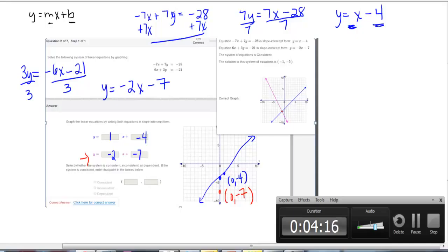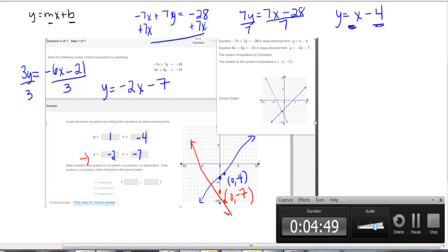Then I go over 1 and down 2. So I'm doing it wrong. The slope is negative 2, so that means I go down 2 and over 1. There are a couple ways to do it, but let's say it's around there.